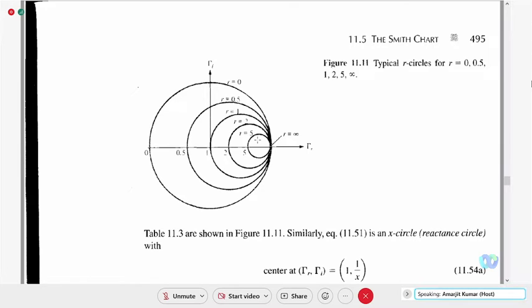Because what is gamma L? ZL minus 1 divided by ZL plus 1, where ZL is the normalized load impedance. So both r and x are required. Then we can calculate the real and imaginary part of the reflection coefficient. So only r will not give gamma r and gamma I.